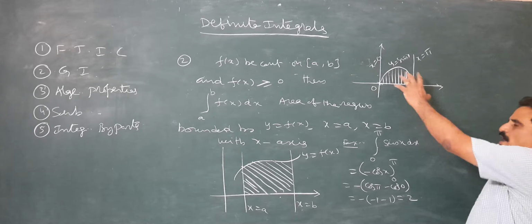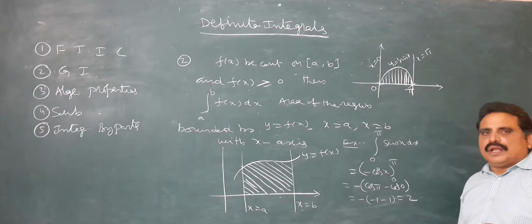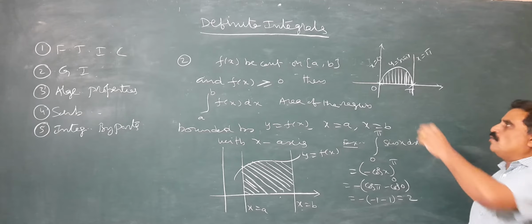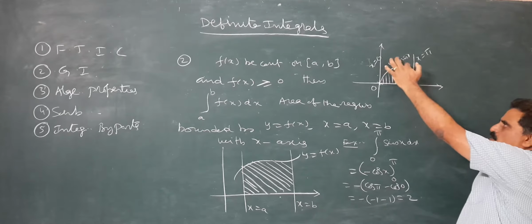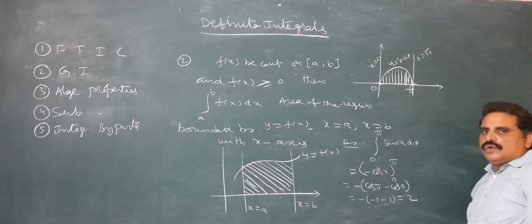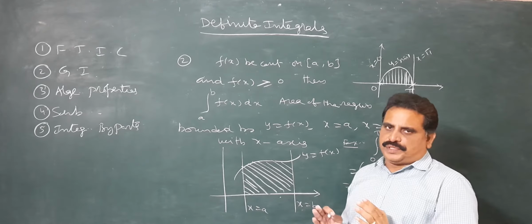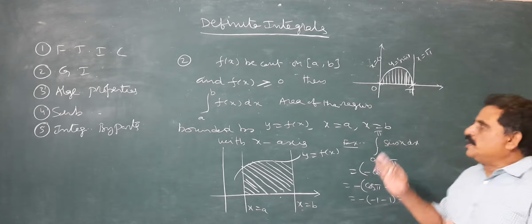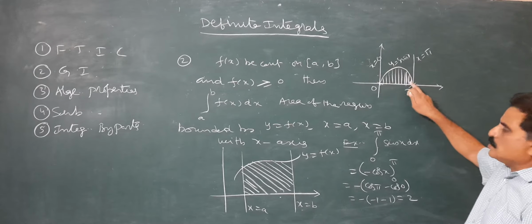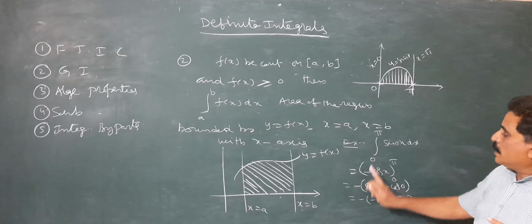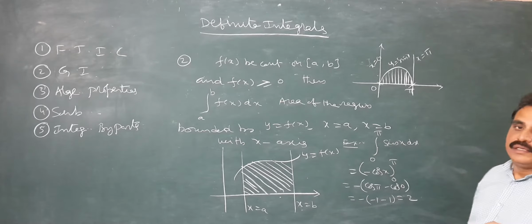Actually, we don't have any standard formula, but if you want the area of the region bounded by this curve, we can easily calculate it by using the definite integral concept. By using this concept directly we can get that. So this area is 2 square units, the integral 0 to pi sin x dx.